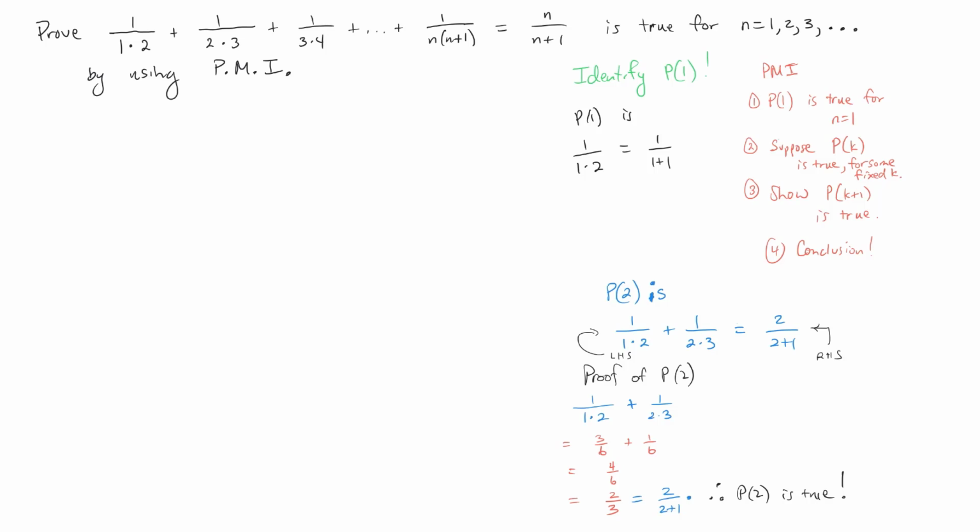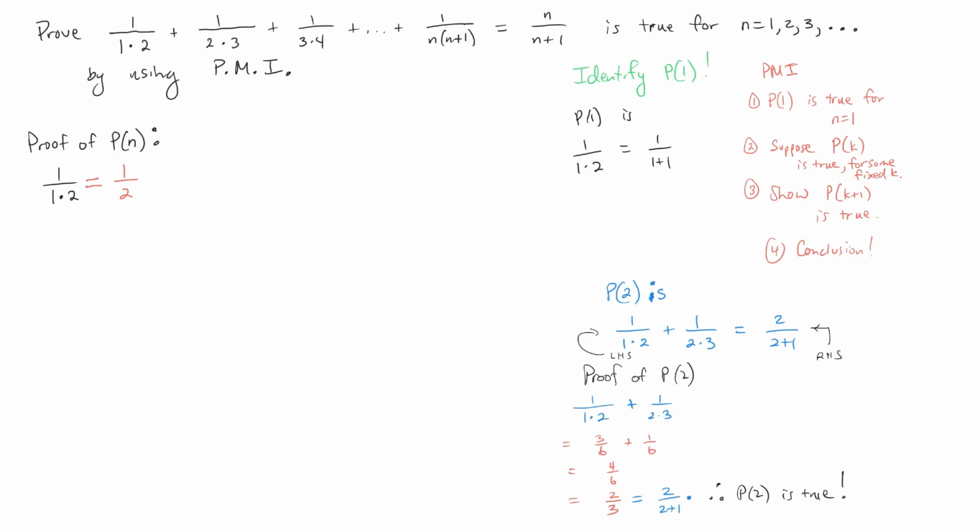We're going to go ahead and start the proof of P of n, and we're using the principle of mathematical induction. The first thing you want to do is write 1 over 1 times 2 is in fact equal to 1 over 1 times 2. But we don't want to leave that as 1 times 2.